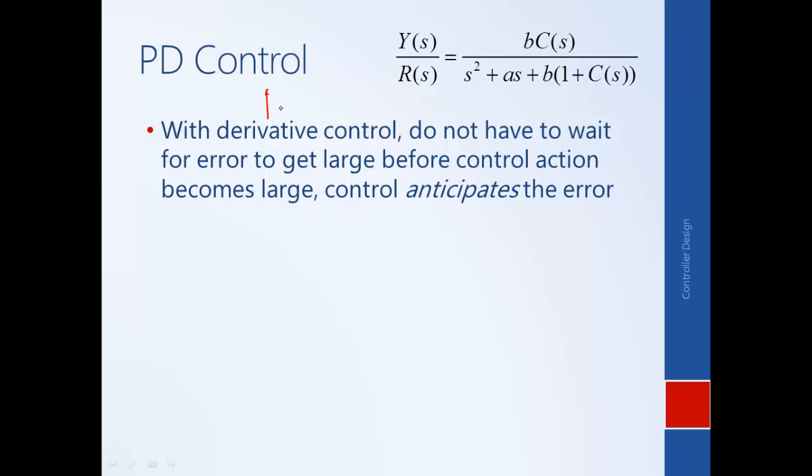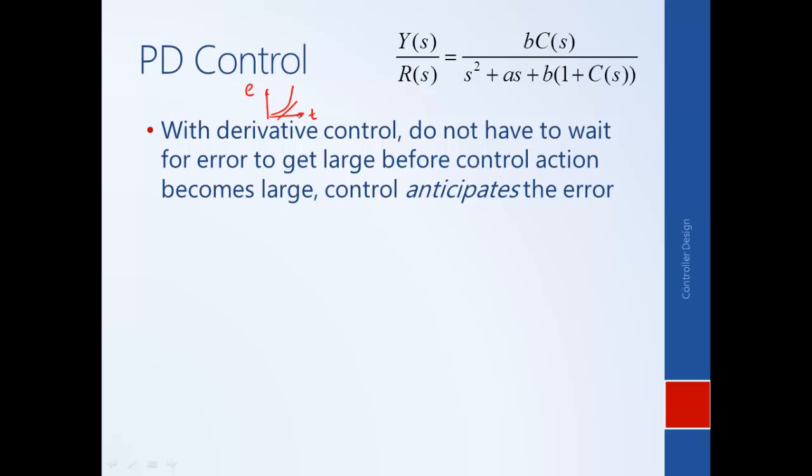So if we're looking at how our error is changing with time, with proportional control, the control effort was proportional to the error. So in order to make the application of control larger, we needed the error to be larger. But with derivative control, we look at the slope, or the derivative.